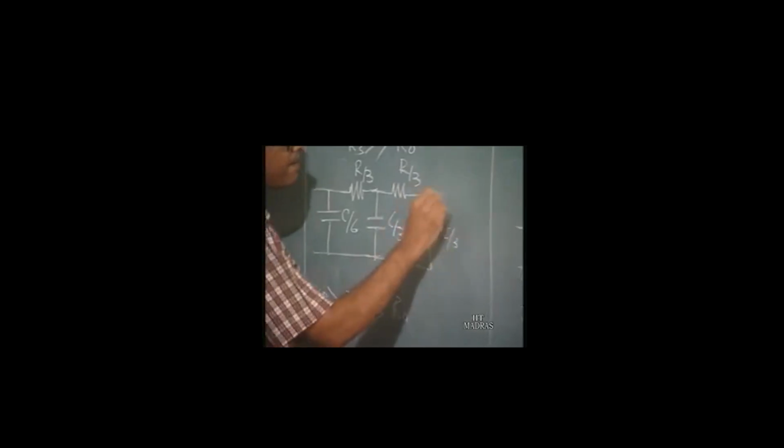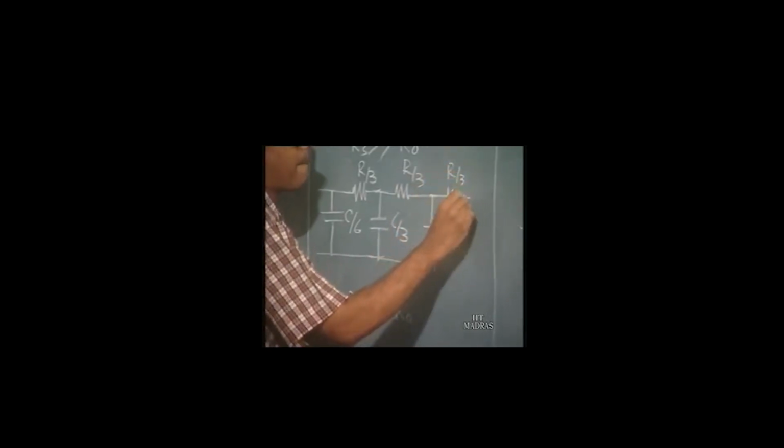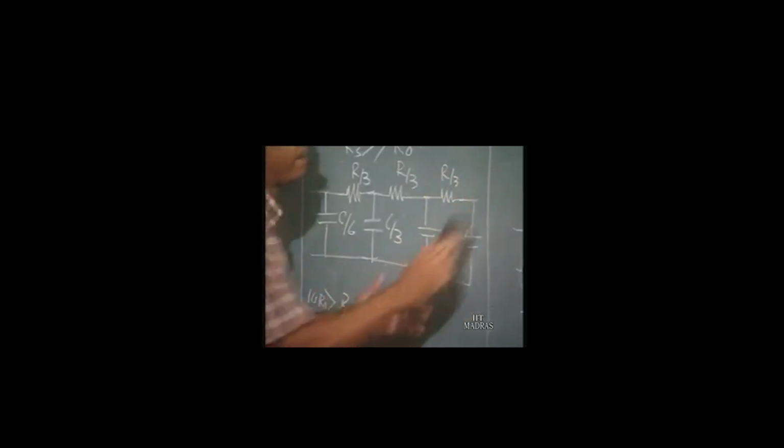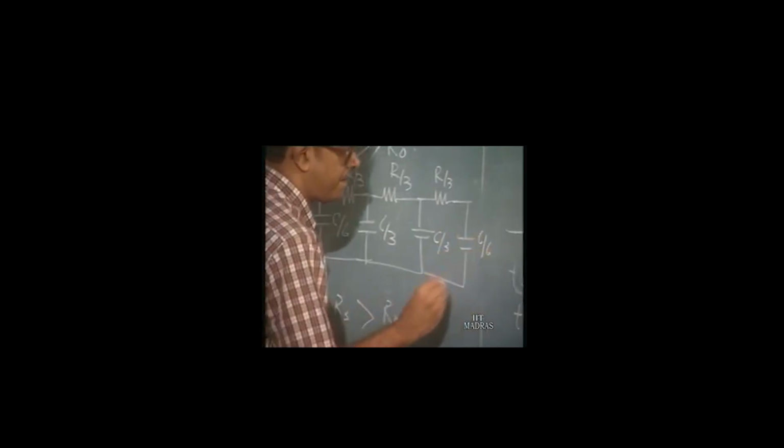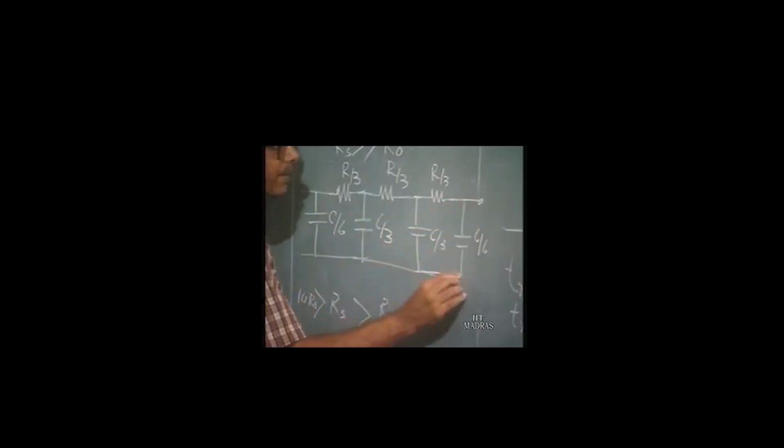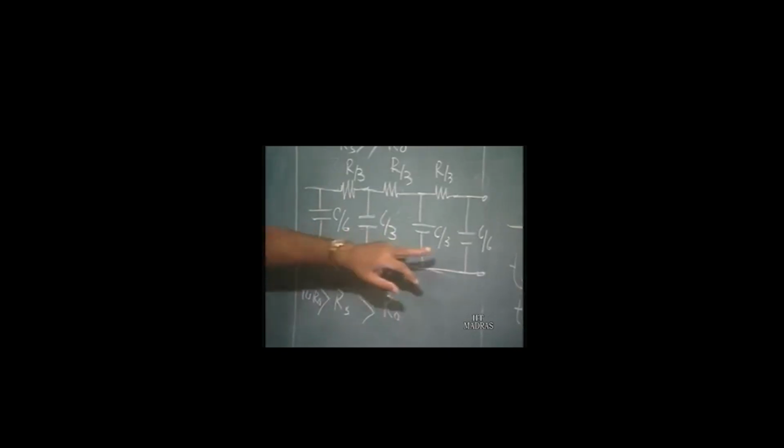So you have C by 6, R by 3, and so on. So the line can be replaced by what is called a 3-section pi model, where you have these capacitances here, and these are the resistances of the line.